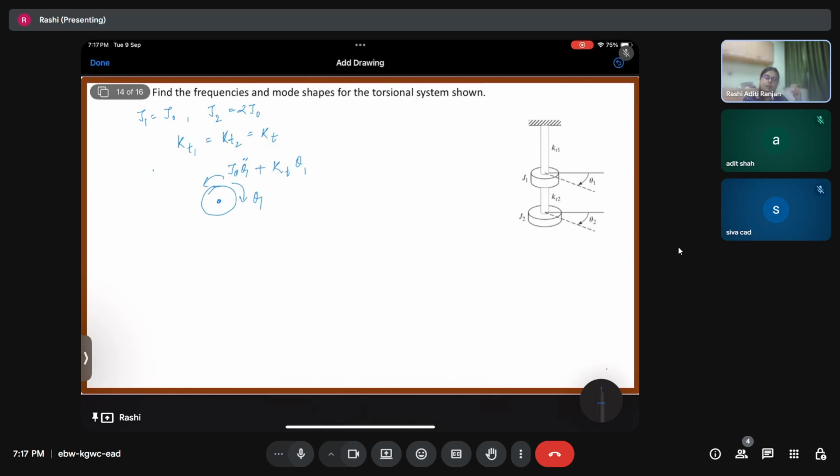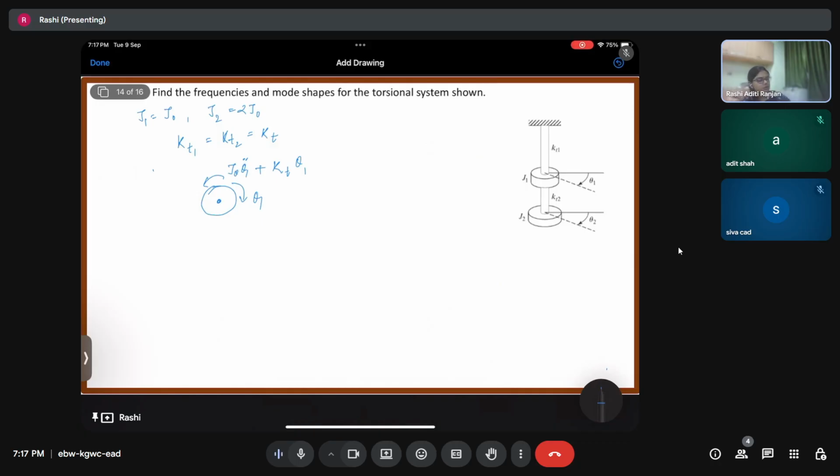Other than that, because of the link between J1 and J2, this spring is also going to apply a restoring force, whose value will depend upon the difference between the angular rotation of the disk J1 and J2.